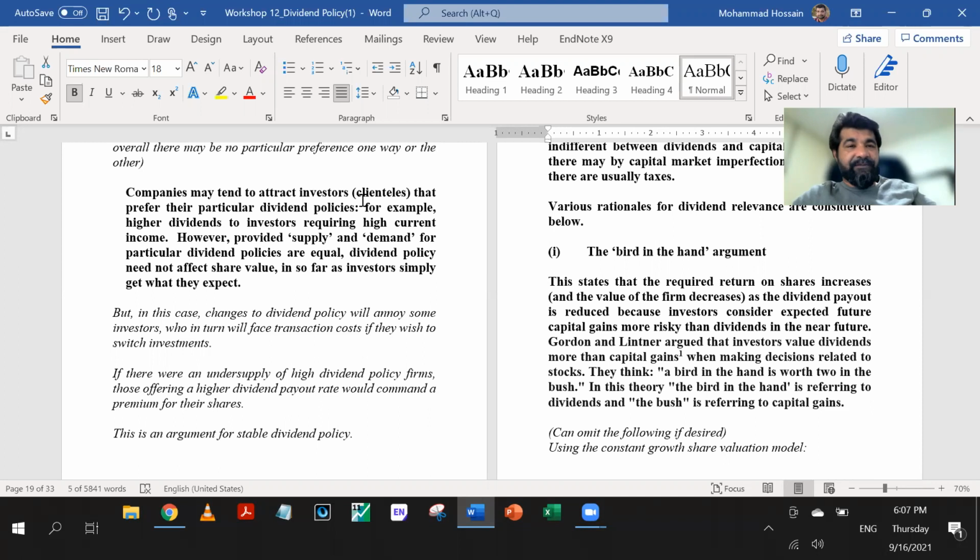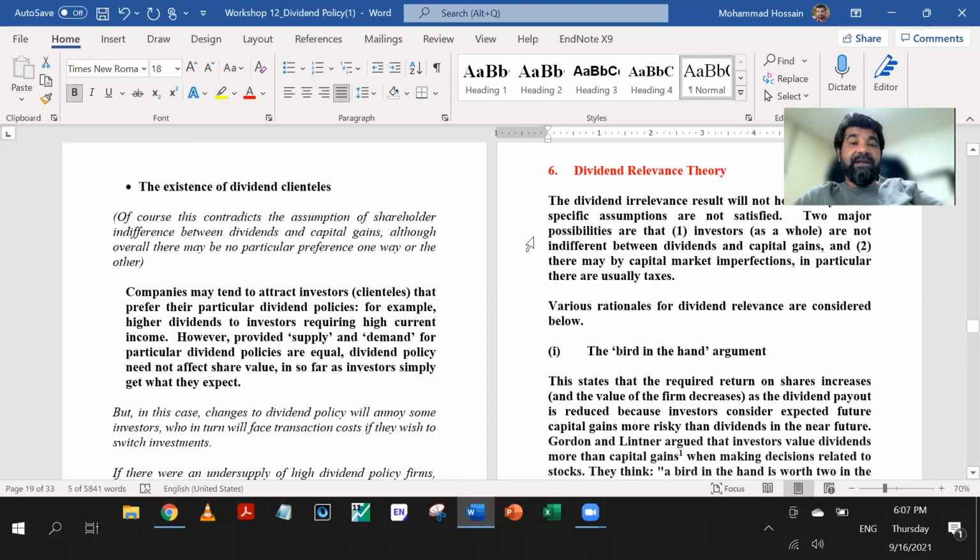That's the interesting one. Yes, we understand dividend may not be relevant, but at the same time, paying dividend is an indication that if you invest in the company, there will be regular income. So a lot of people will be interested in dividend relevance theory. This theory says dividend is relevant.